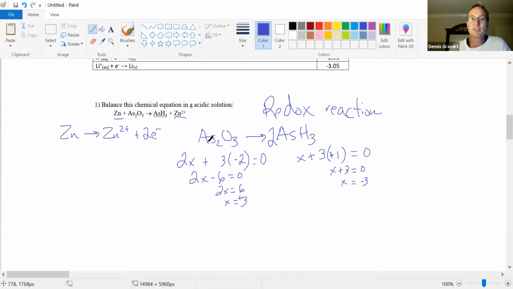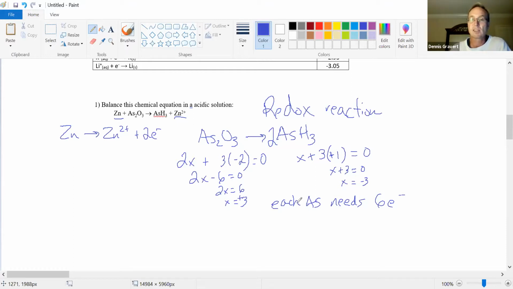How many electrons did arsenic gain, right? It went from +3 down to -3. It was reduced in value. Well, 3 electrons need to be acquired to get to 0, and then it needs another 3 electrons to get all the way down to -3. So each arsenic needs 6 electrons.